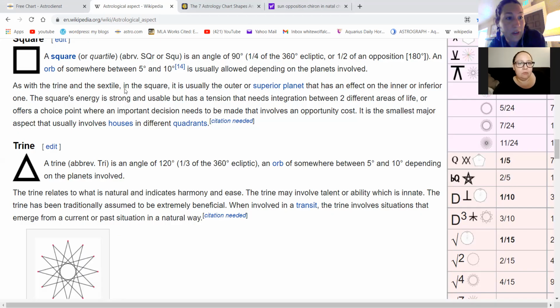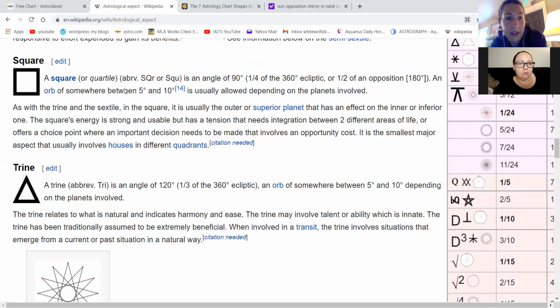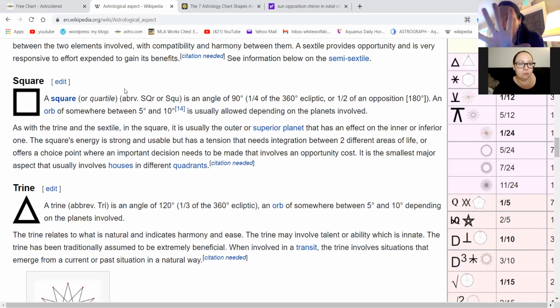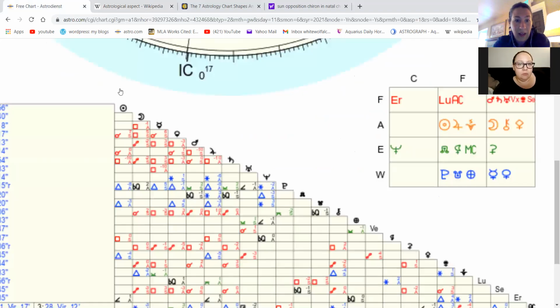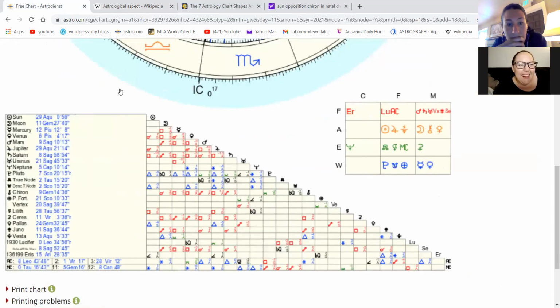It is the smallest major aspect that usually involves houses in different quadrants. So when we talk about a square, if I'm using my hands, you do this. That's a square angle in a chart. I got a lot of them. Yes, you do.